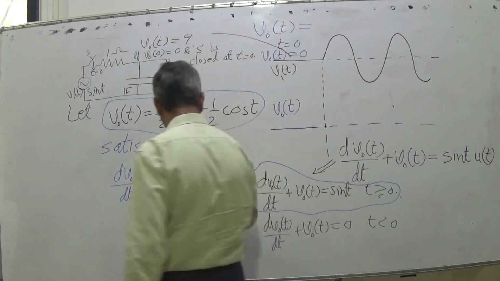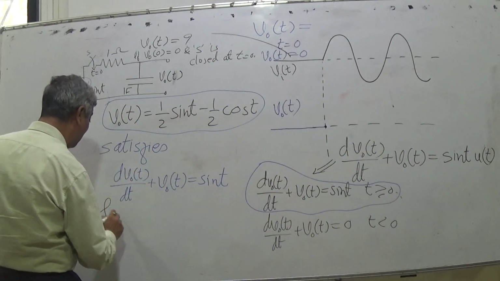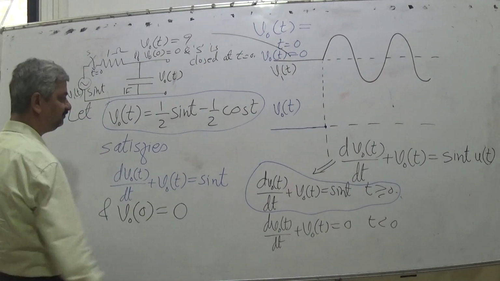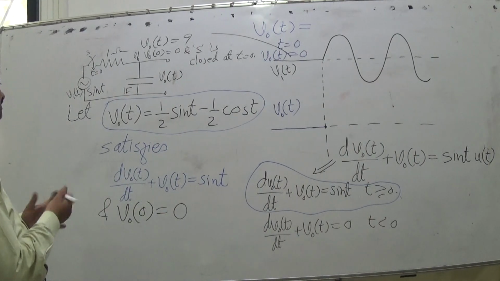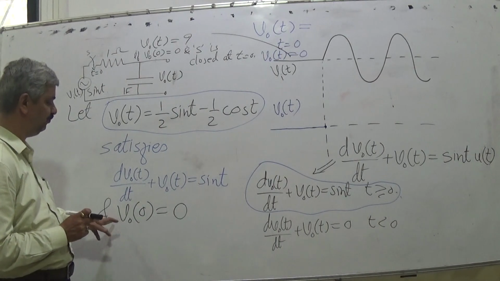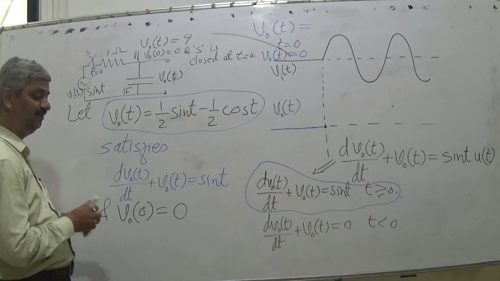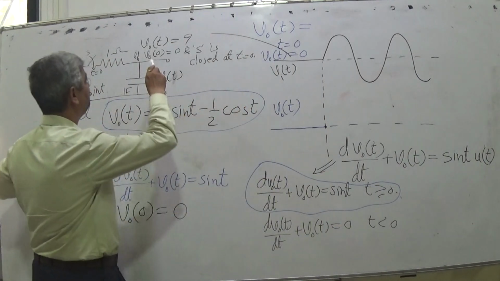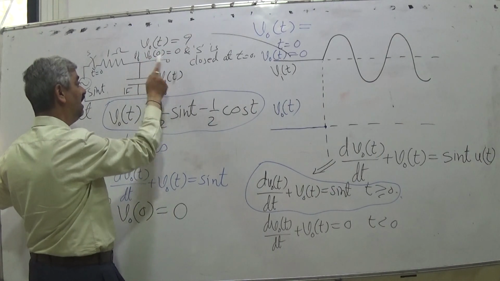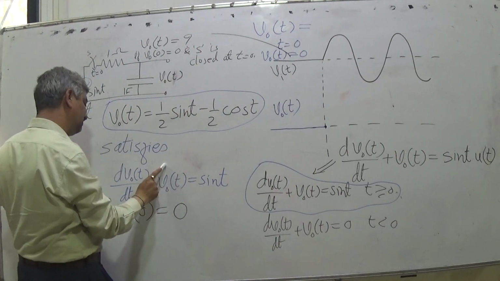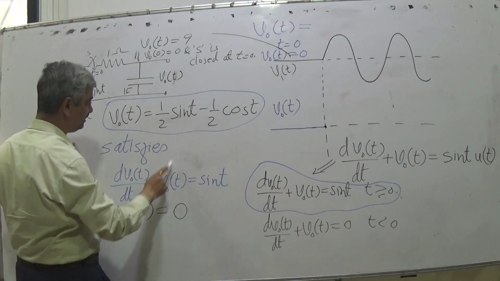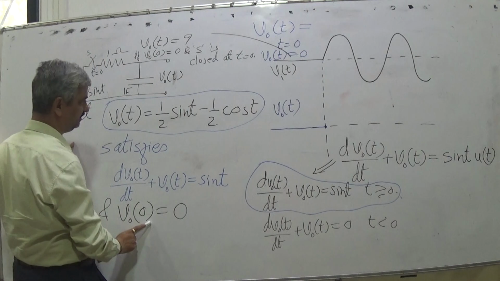So dVOT by dt plus VOT is equal to sin t, and VO(0) is 0 is also required. So what will be the output if VO(0) is 0 and S is closed? Then you can solve this, but this solution satisfies this, but not this.